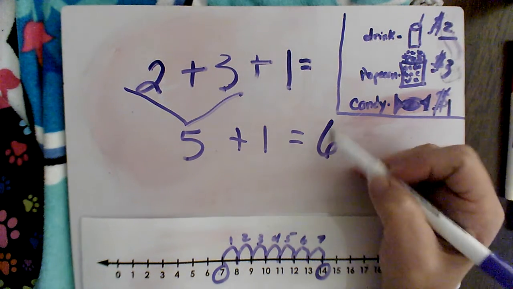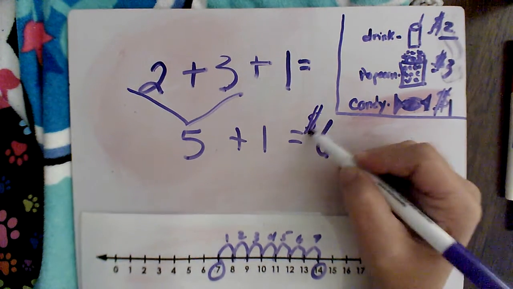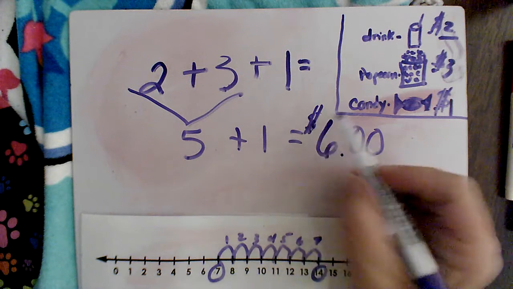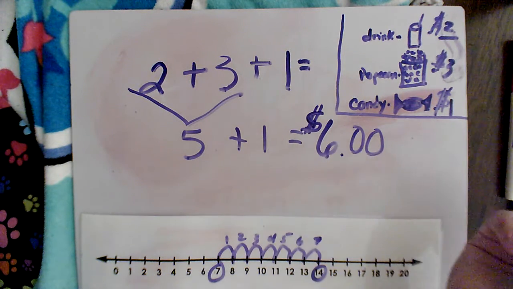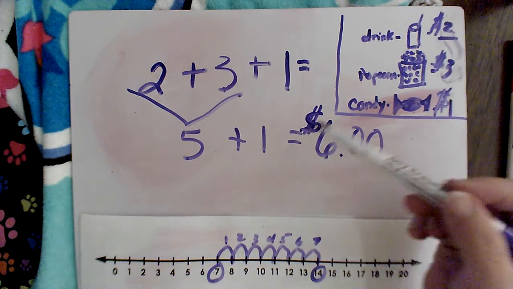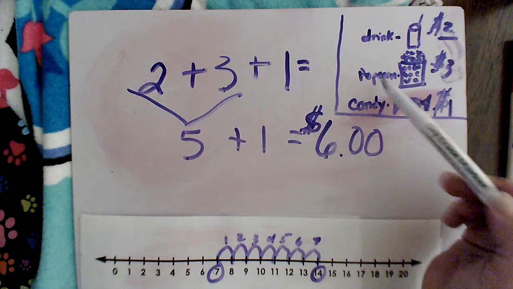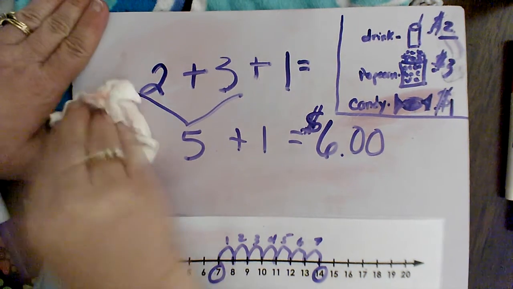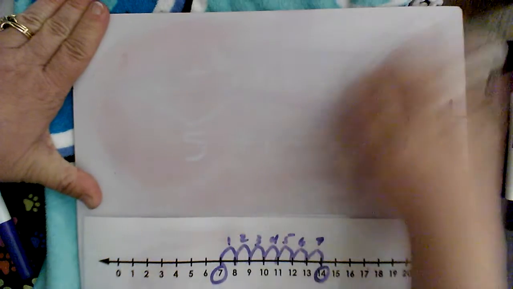I spent $6. Make sure you put the unit there, what it is. Is it 6 movie tickets I spent? No, it's $6 on drink, popcorn, and candy. So that is the first part. That is Day 9.